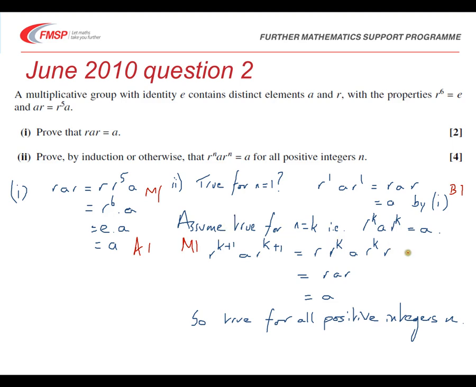An accuracy mark for getting to this line here of splitting up the statement in the k plus 1th case, and a final accuracy mark for following the induction through to the end and getting the correct answer. So that's an example of the sort of thing you might be asked in terms of associativity.